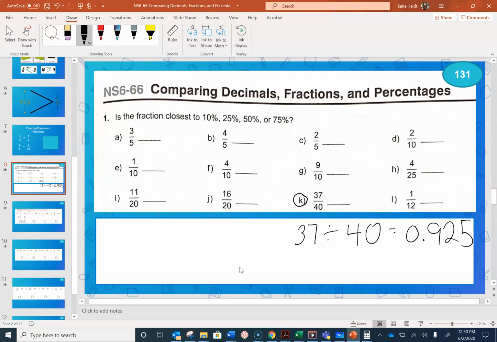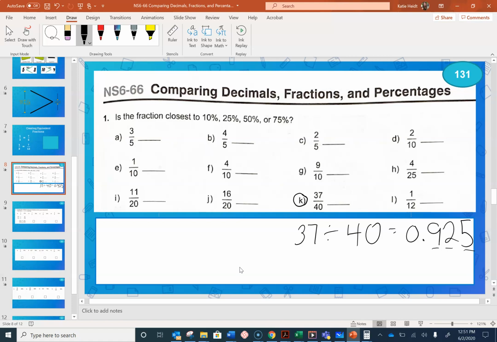But we know that those two are interchangeable. So there are 2 ways to think about this. We can change this to a percent, or we can think of our percents as decimals. So this is looking pretty high and close to 1, close to 100%. So we could represent this out of 100. So we can see we have 9 tenths, 2 hundredths, and 5 thousandths.